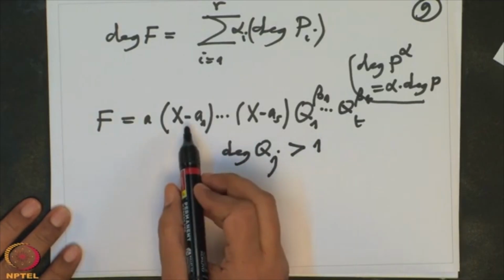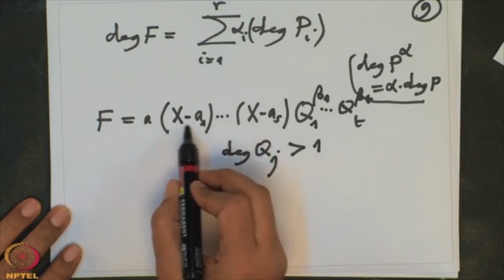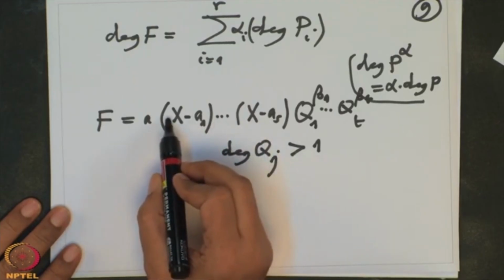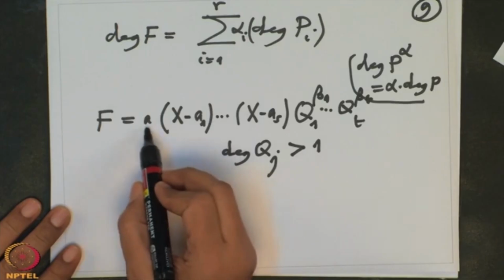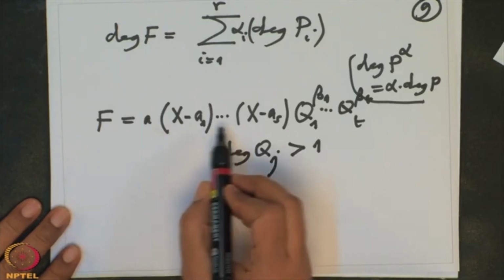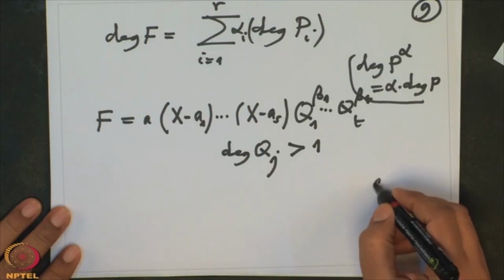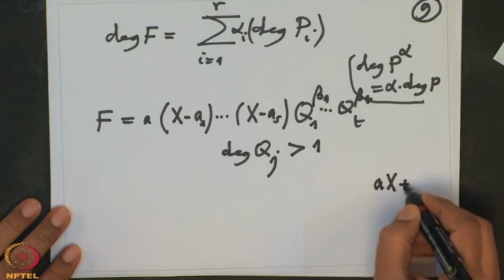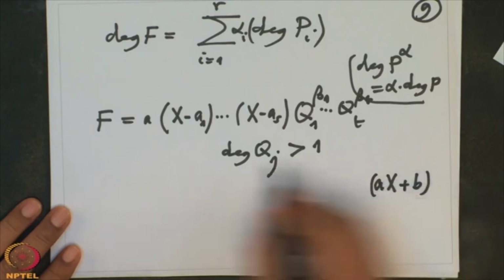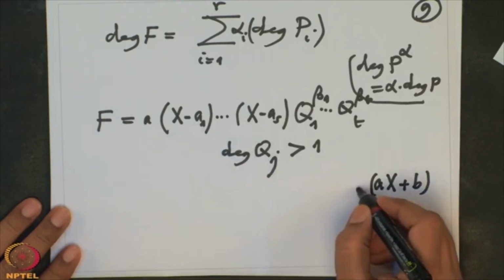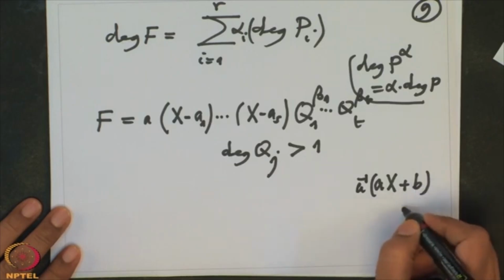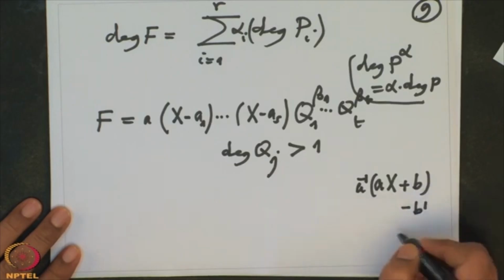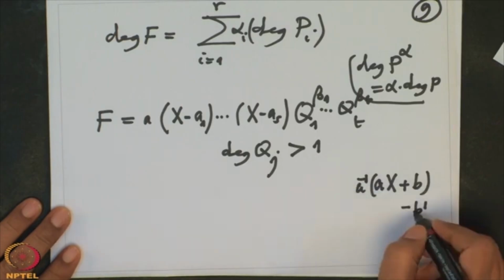Linear polynomials may have a coefficient of x, but I am going to multiply by the inverses and absorb them. What I am saying is the following: if the linear polynomial looks like this and I want to make it in this form, then I multiply this polynomial by a inverse, write b as minus b prime, and absorb the a inverse into the constant.